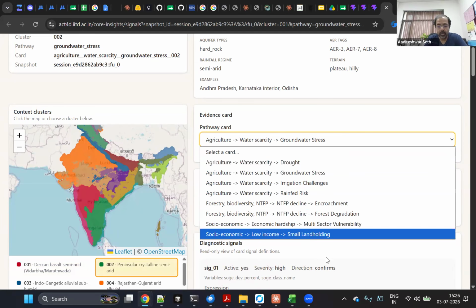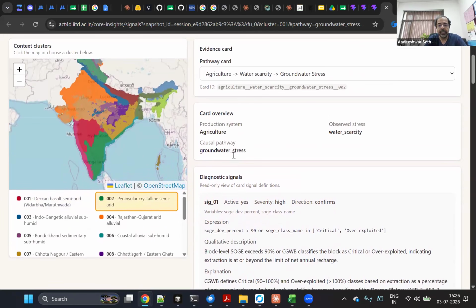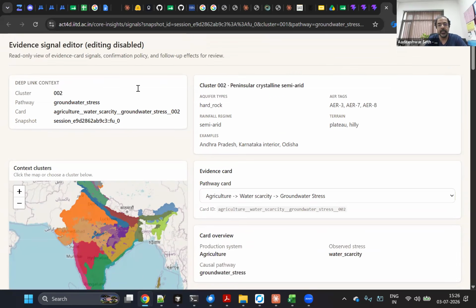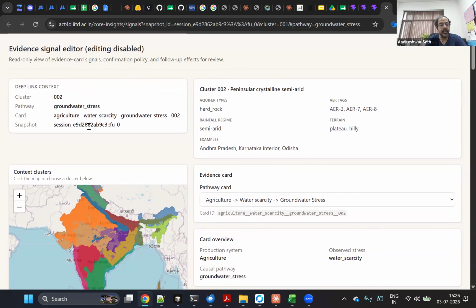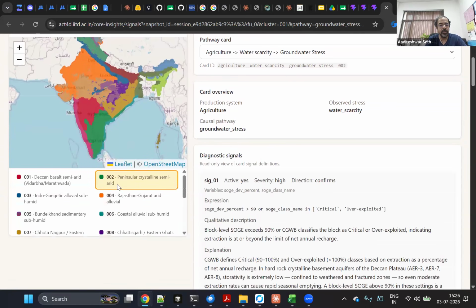We have developed rules for these 136 cases, rules that say an area is groundwater stressed. For example, the area which is chosen, the peninsula crystalline semi-arid, probably cluster 002, this dark green, this particular area.